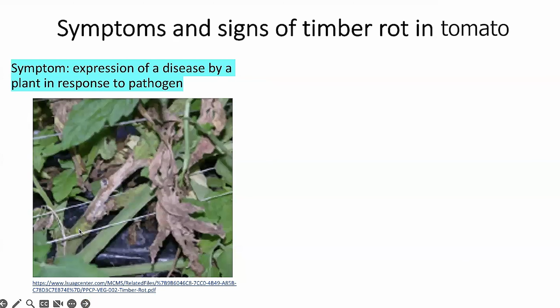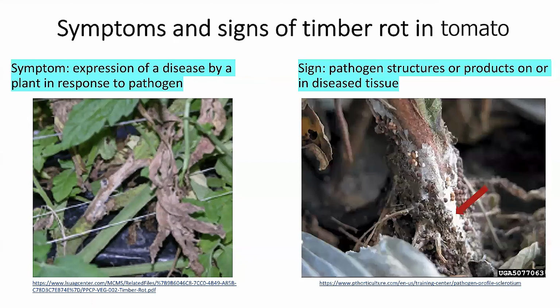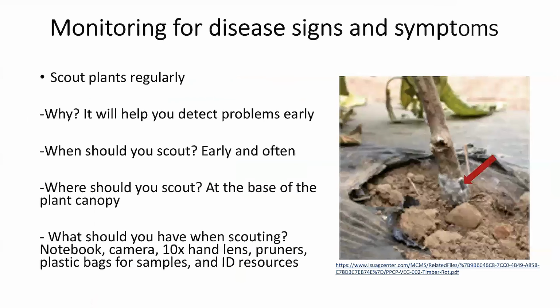With timber rot, you notice water-soaked areas that start at the base of the plant and progress upwards. And as the disease progresses, you will also begin to see the appearance of white mold and also the formation of sclerotia, which are a sign, and sign referring to pathogen structures or products on or in the diseased tissue.